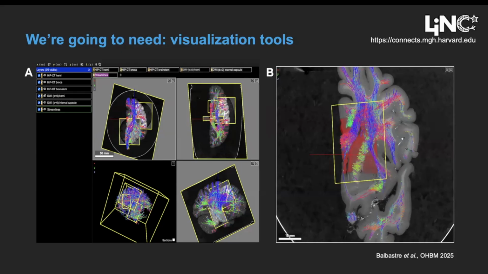And has been developing add-ons to be able to load the coordinate transforms from different types of data sets, be able to combine these data sets in the same scene, and be able to also load streamlines, which is not something that was a use case for Neuroglancer previously. So this is all work that's very much in progress, and that we have a lot to do to further develop in the next few years.